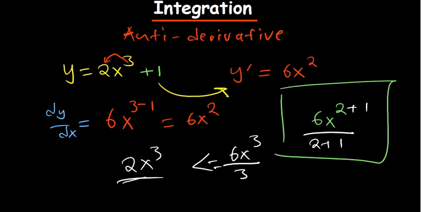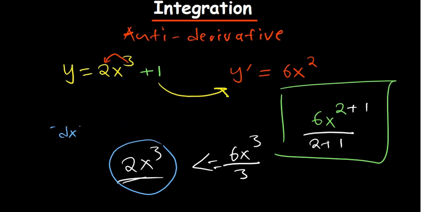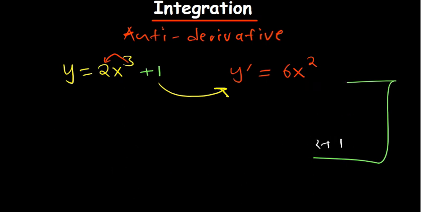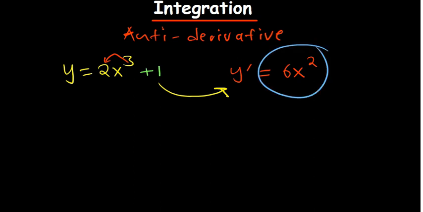Not as complicated, right? But it becomes a bit tricky because all we're able to get back is 2x to the power 3. We can't get back the 1. There are many functions with the same derivative. By that I mean, if you look at 6x squared, there are other functions that can also give you that derivative.